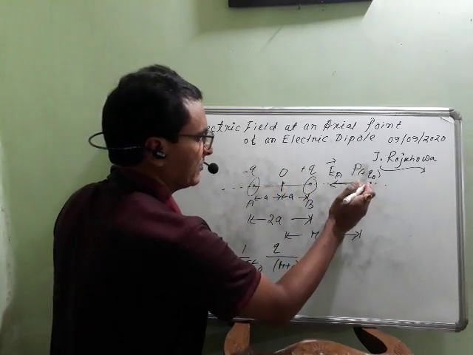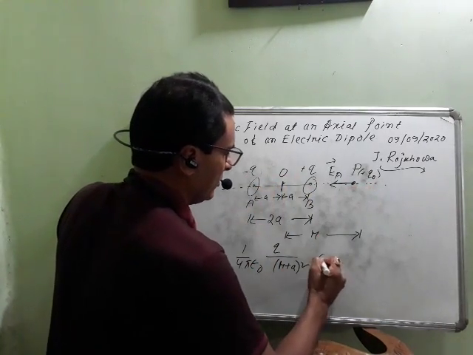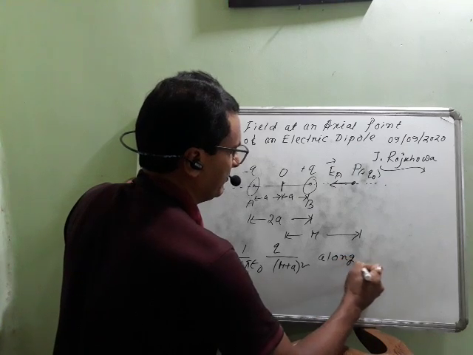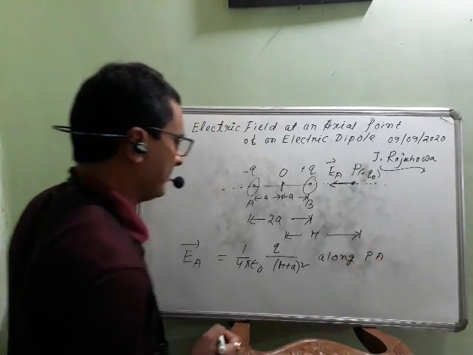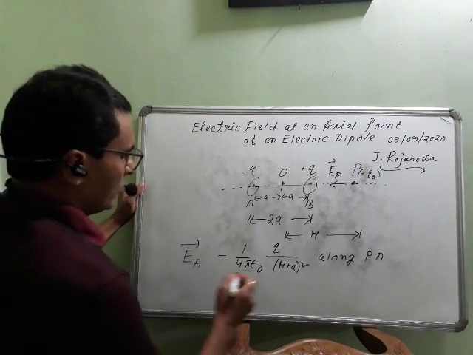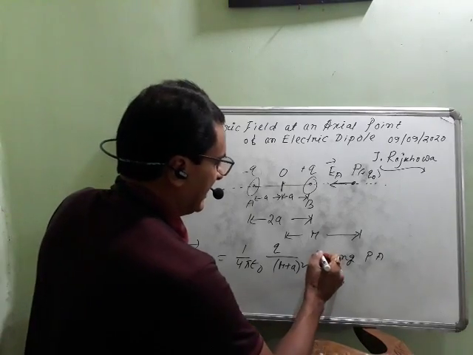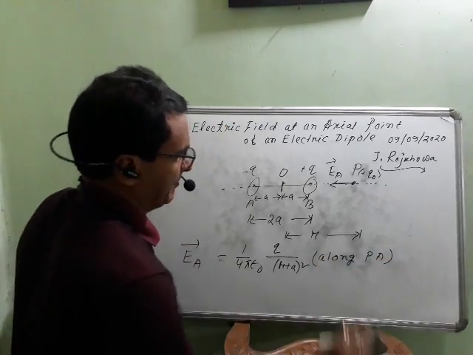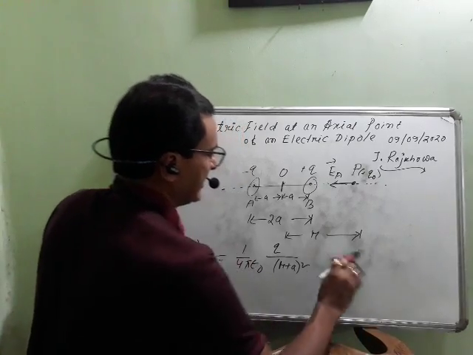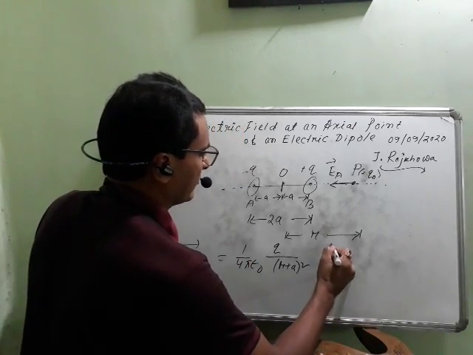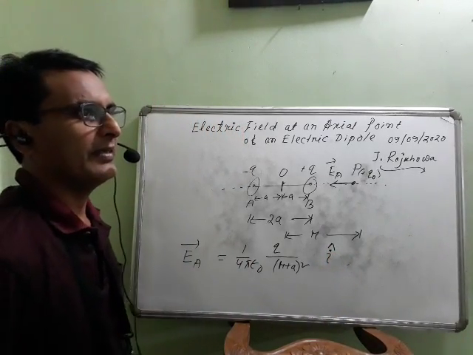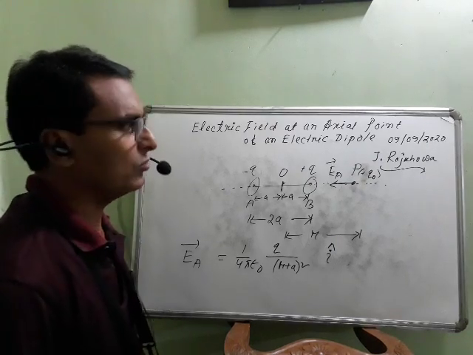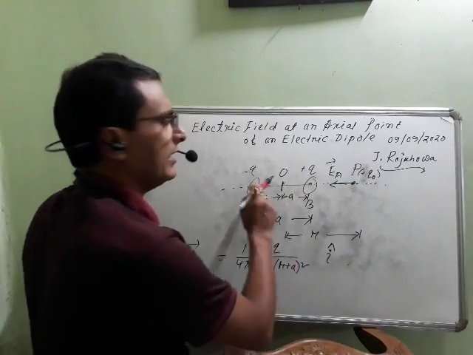So its direction is from P to A. So here we write along PA. We put this direction as i cap. We assign i cap as a unit vector whose direction is from P to A.